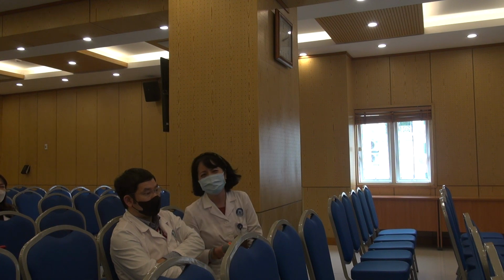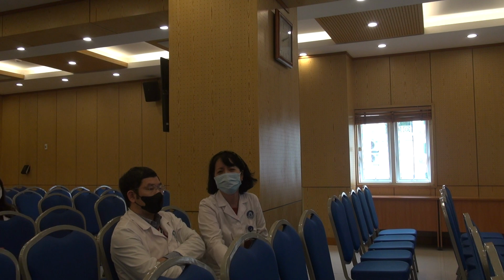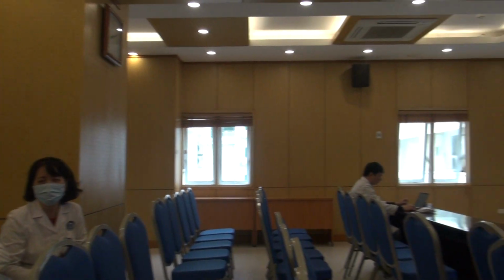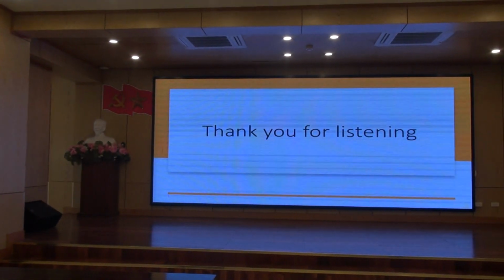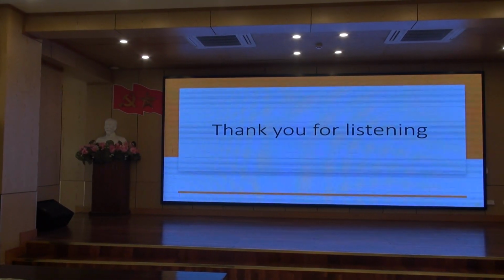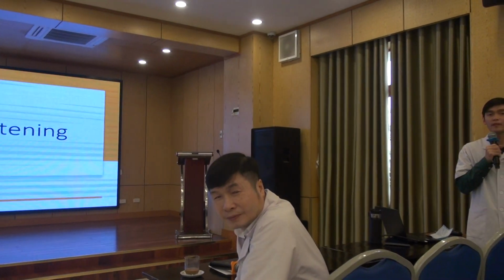So I guess the goal of this study is actually to see whether or not smartphone corneal photographs can be used in the community, because the intended purpose is that if smartphone corneal photography can detect whether or not the patient has corneal opacity, then the next step is to refer those patients to an eye care center.